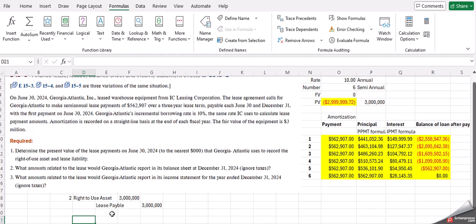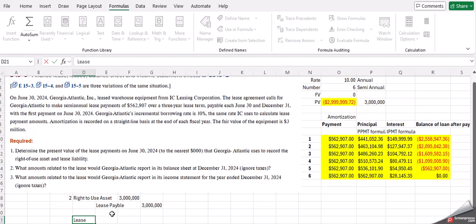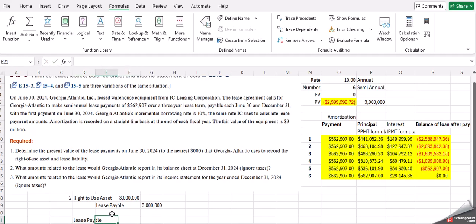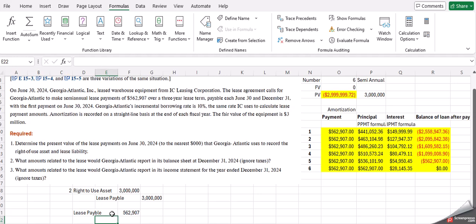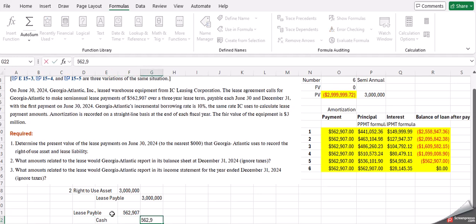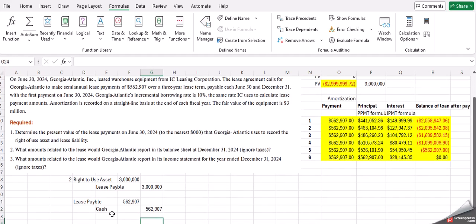So we would say that would be a debit to the lease payable for the payment amount, the $562,907, and then they would credit cash. That would all be at June 30th.